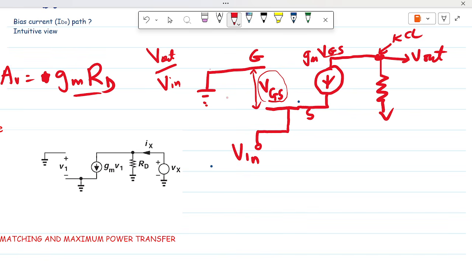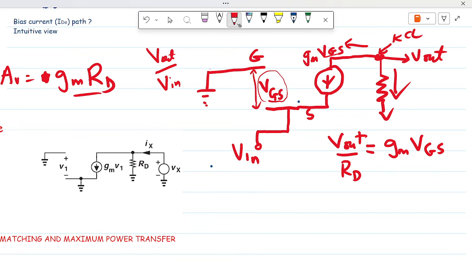And when we do that, we can see that Vout over RD is the current flowing this way. It should exactly be the same as the current flowing this way, which is equal to gm VGS.